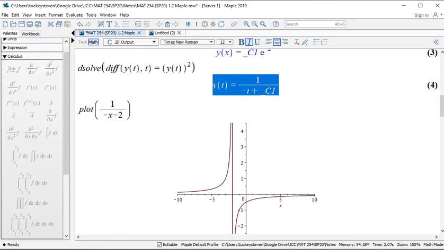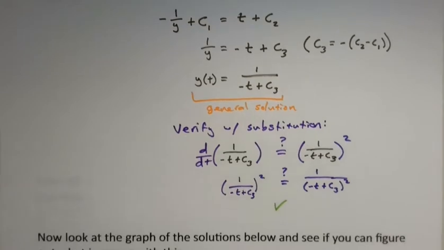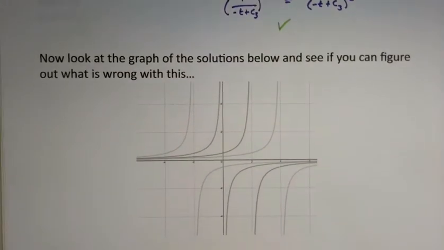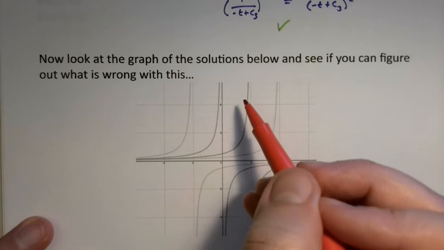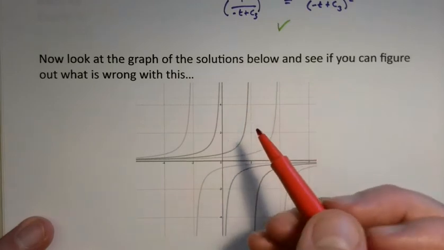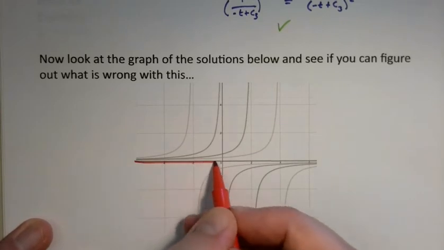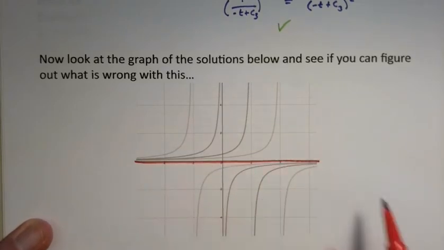But what's interesting is when you take a look at the graph of all the solutions, there's one solution on here that's not something that we would have predicted. You can see all these different curves like this, and they all go together. They're all different families, but there is one curve that rides right along the axis right here.